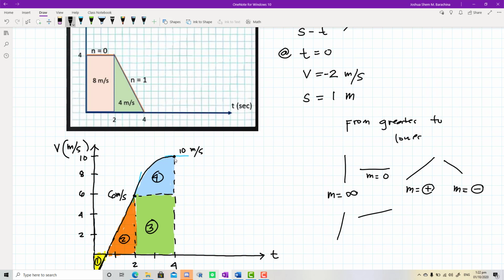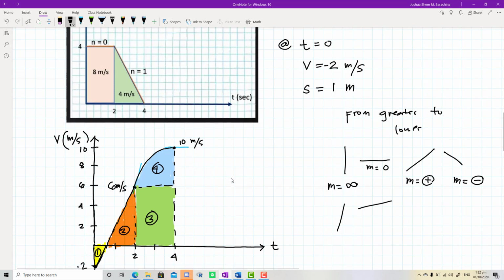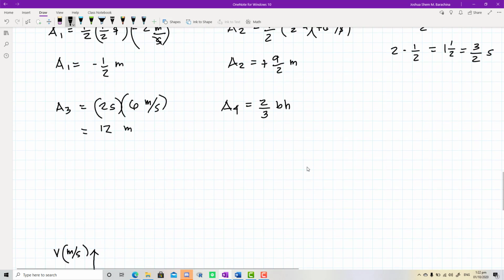If you are considering this one, this segment, that is 2/3. But if you're considering the other part of your parabola, then that would be 1/3. Okay? Recall nyo yung properties ng parabola. So this would be equal to 2/3.